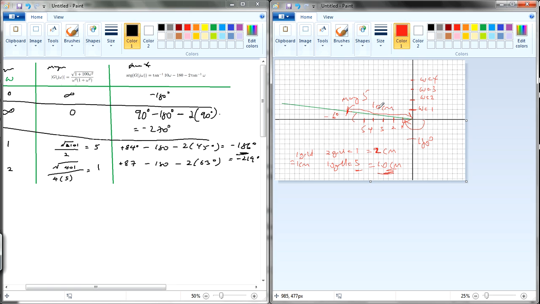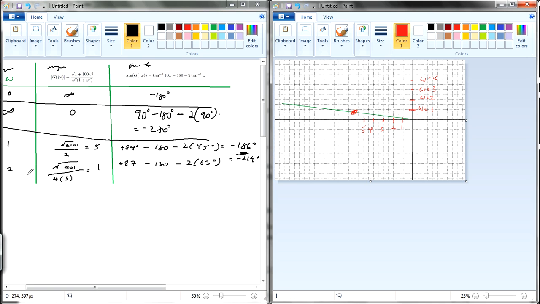I just want to let you get a feel of it when plotting these things. Eventually you will get the point somewhere over there. I don't know, just draw it roughly first.